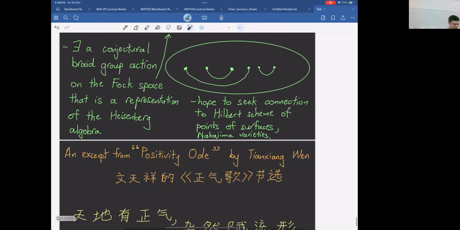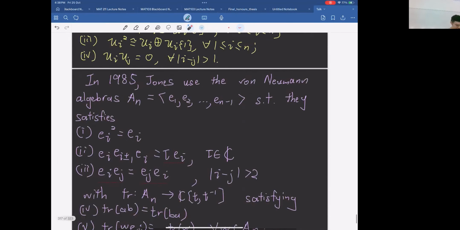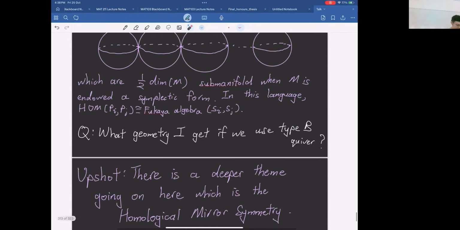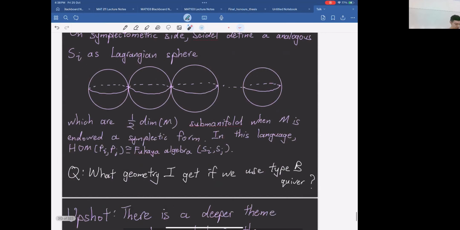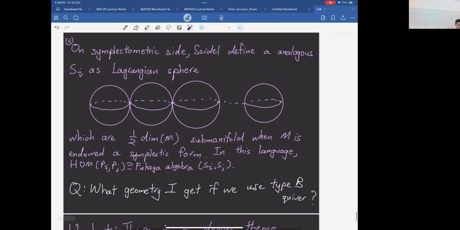Lagrangian, yes, this one? Okay, this one. Sure, it's related to singularity, but the way we introduce the type B algebra is using some Z2 action.